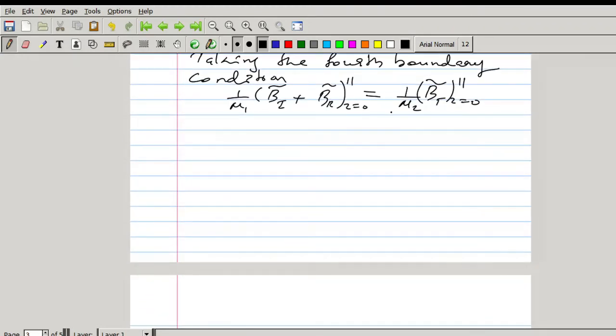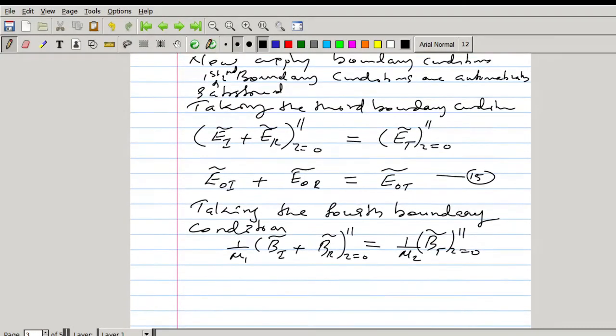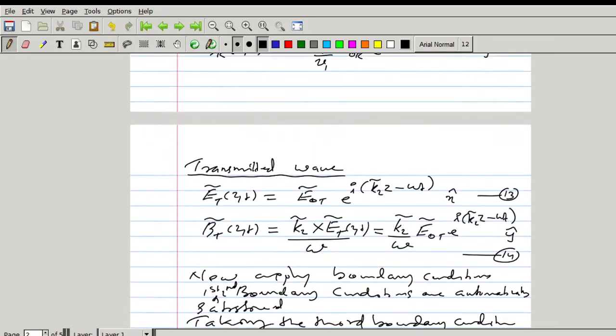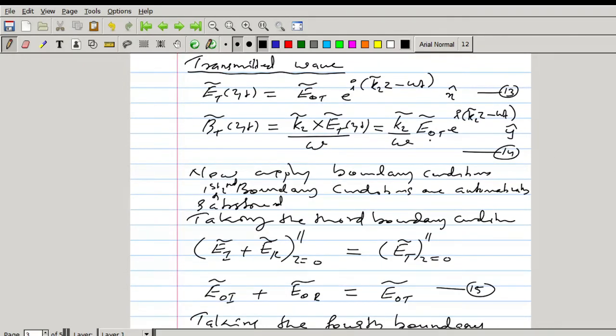At Z equal to 0, the exponential terms are the same, so they will cancel each other. BI is 1 by V1 E0I. BR is minus 1 by V1 E0R. BT is K2 by omega E0T.